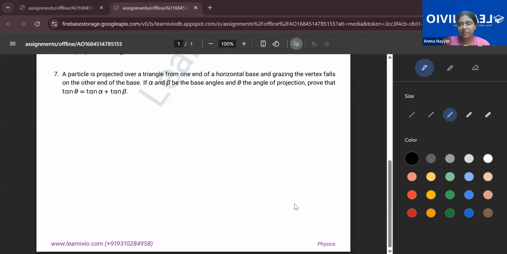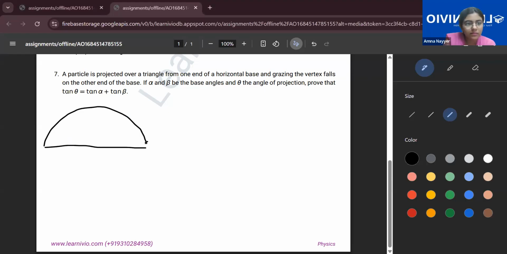Okay, let me make the figure first. Till now we didn't discuss this question, no? Let's say this is the angle of projection. Now I'm just naming the angles.